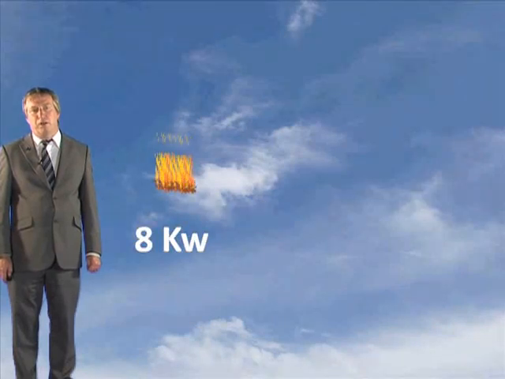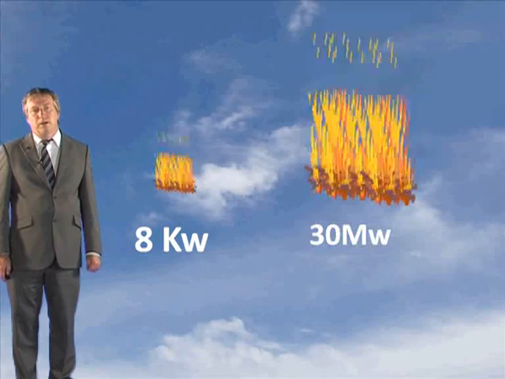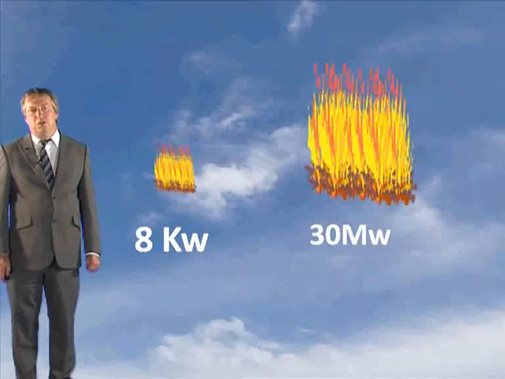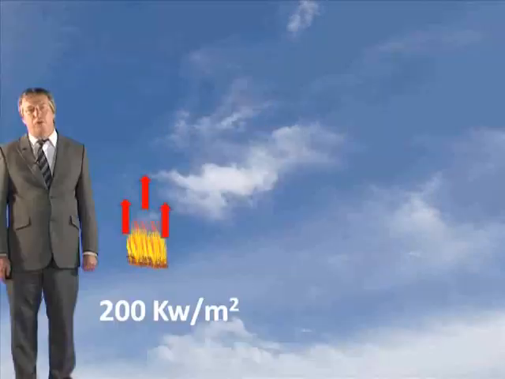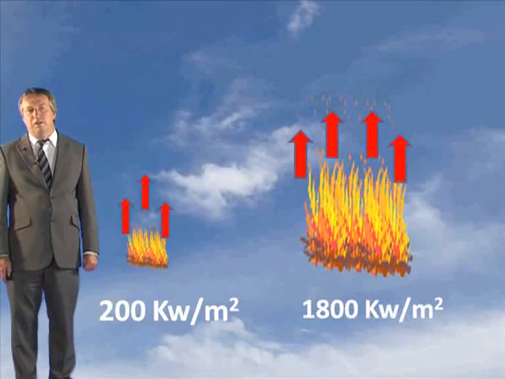The equation is empirically derived, and it's been validated for values of total heat release rate between 8 kilowatts and 30 megawatts. That's a huge range and includes virtually all fires that we're likely to be interested in inside buildings. The values of QF, or heat release rate density, that this equation has been validated for lie between 200 kilowatts per square metre and 1800 kilowatts per square metre.